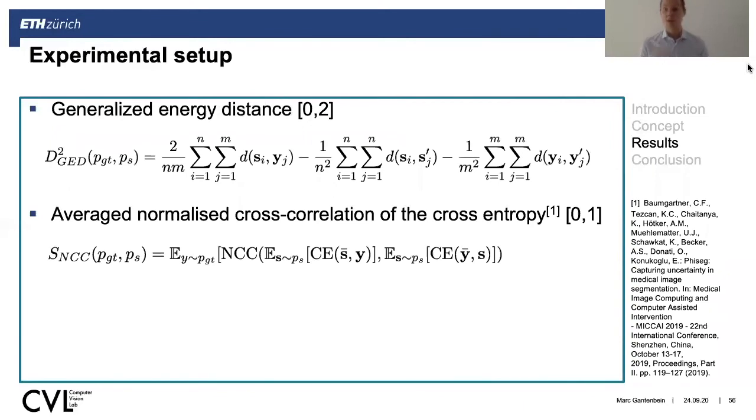If we do not average over all pixels, there is an individual value for every pixel linked to the cross entropy. So we can see where our samples are worse than others or not very good. And to account for plain segmentation performance, we evaluated the DICE score.